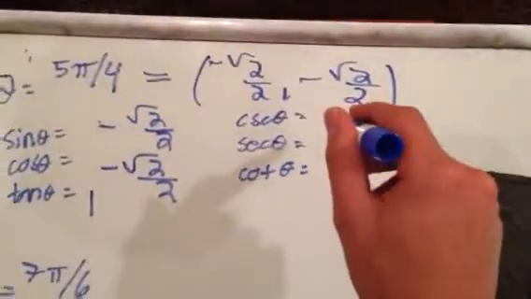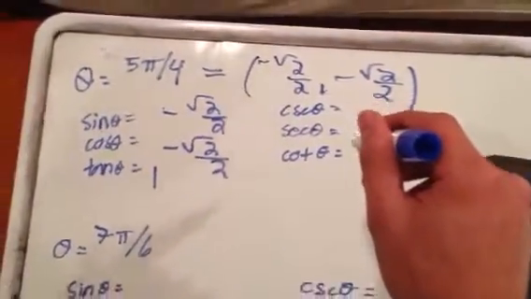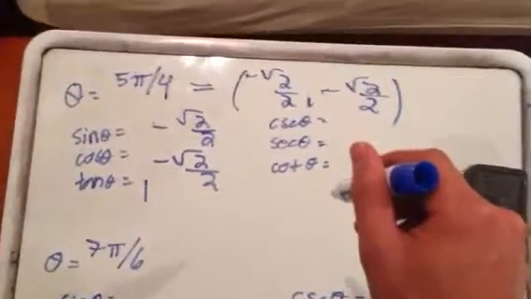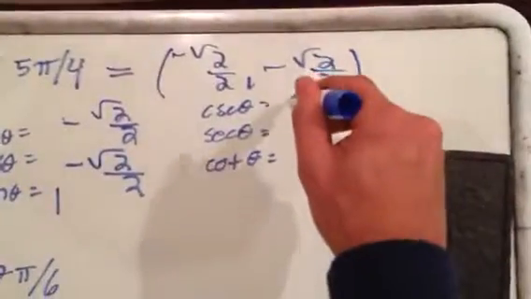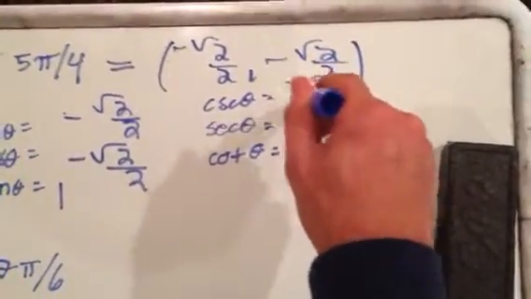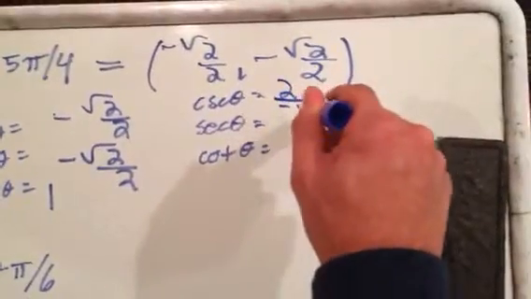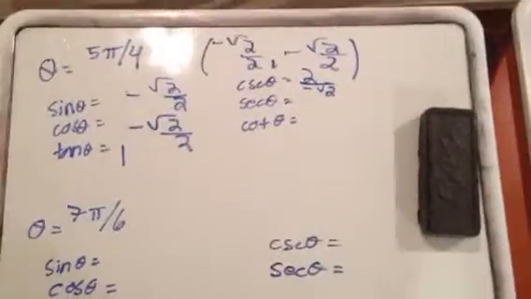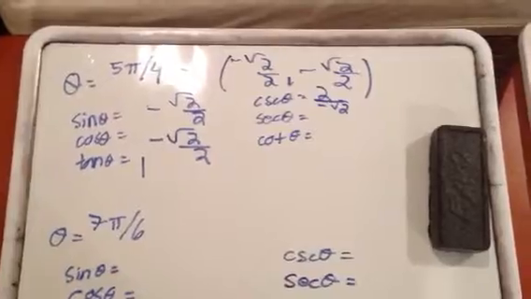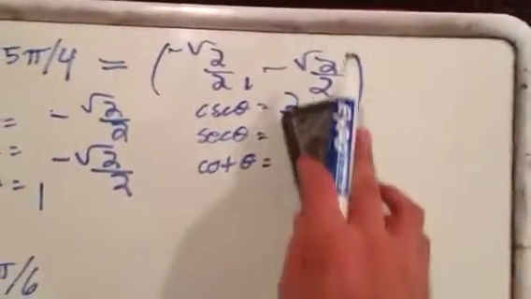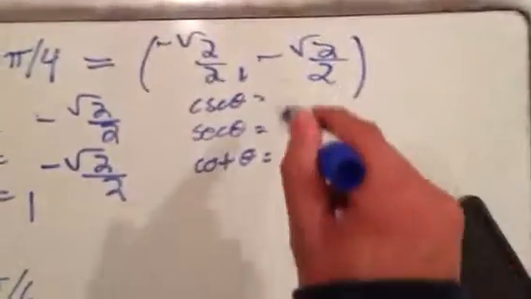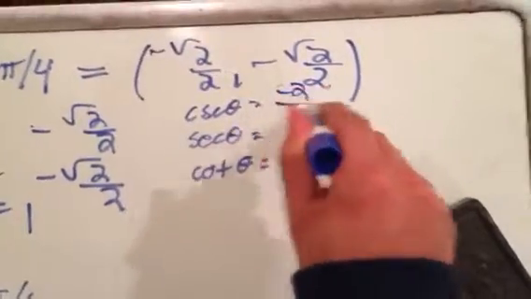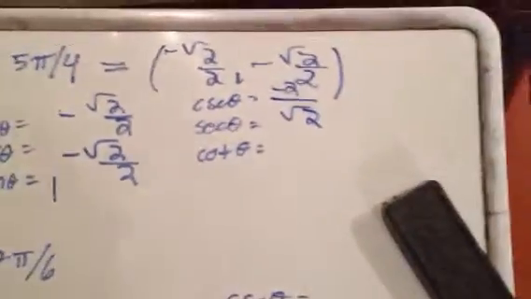Now we come to cosecant, which is, again, as I said in my previous video, 1 over sine theta. So you simply flip these so that it's 2 over negative root 2. Now that's fine, however, teachers would want you to rationalize, meaning that let's first put the negative here and work with the radical down here.